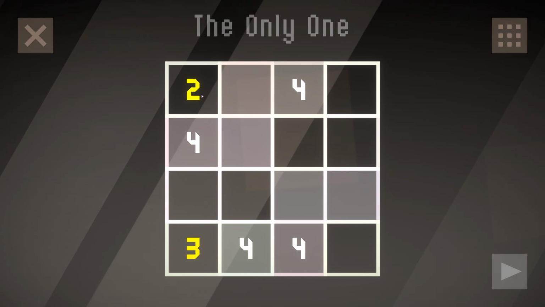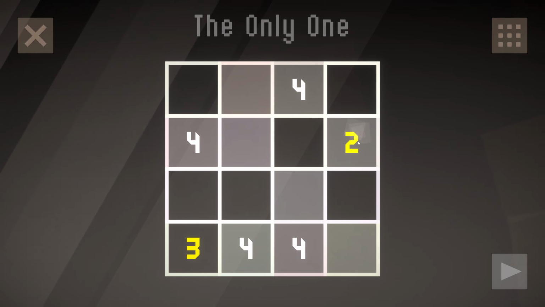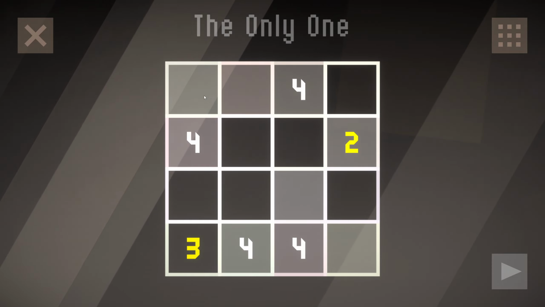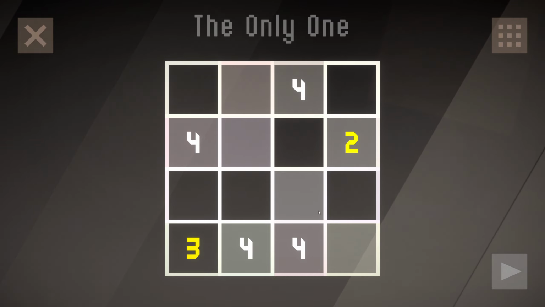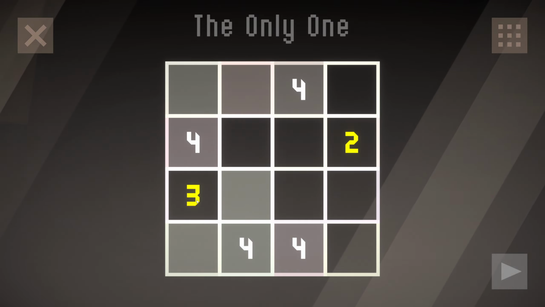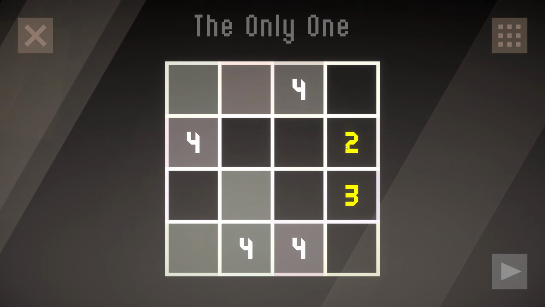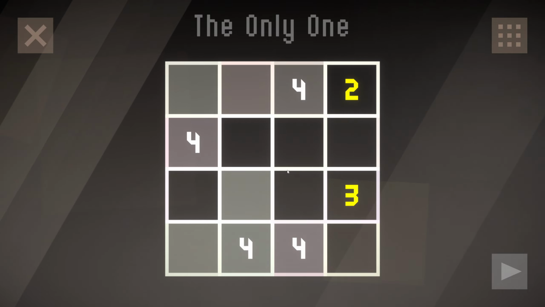That's a 3, but then the 2 doesn't get accommodated for. I like this T-piece. That might be useful. How else could I use a T-piece?